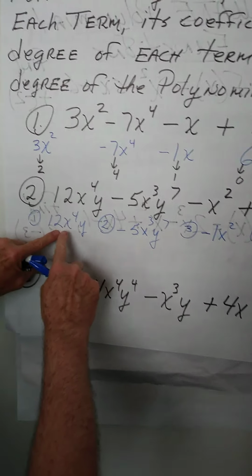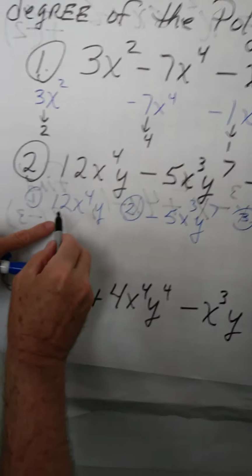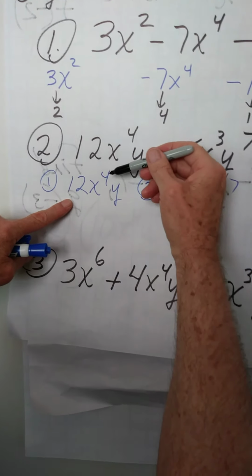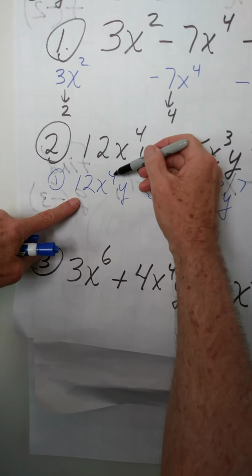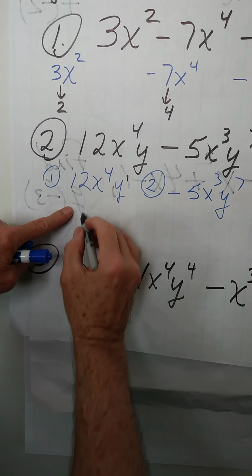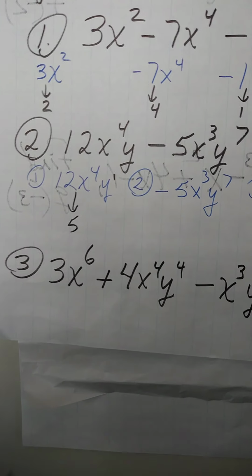So let's identify the degree of term number 1. Take the exponents on the variables only and add them up. 4 there, and implied 1 there. 4 plus 1, the degree of that first term is 5.